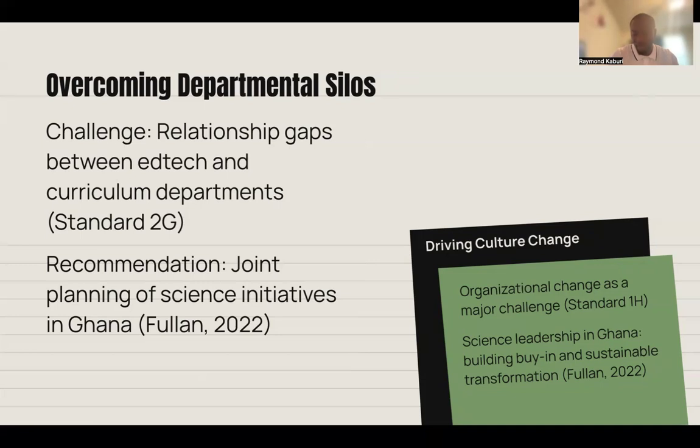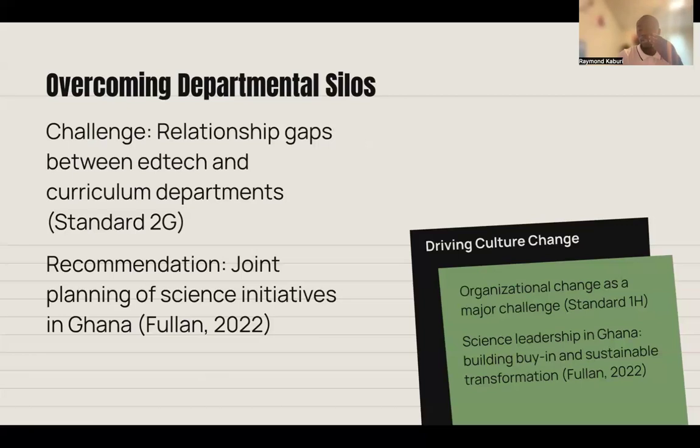It drives cultural change. So once we want to focus on the standard, that is 1A, 1H, organizational change is a major challenge. People don't always want change, they resist it, and I think that if we want to have a better system in terms of education, then there should be changes.